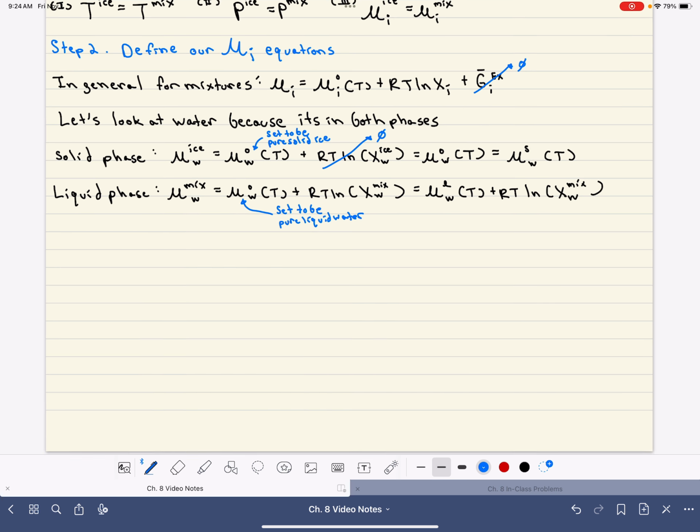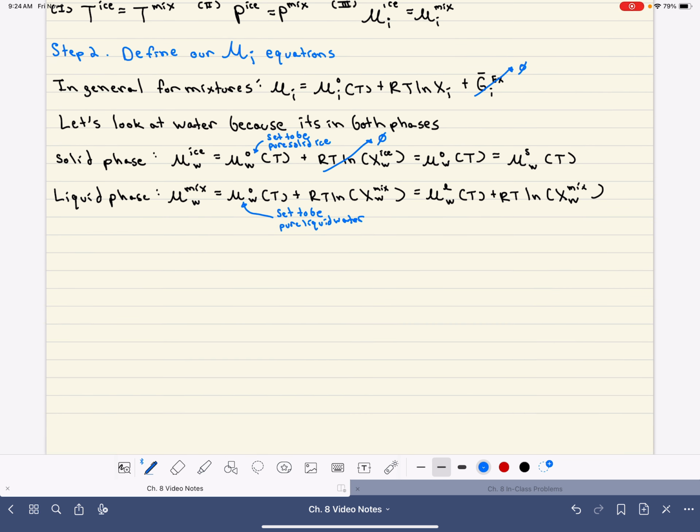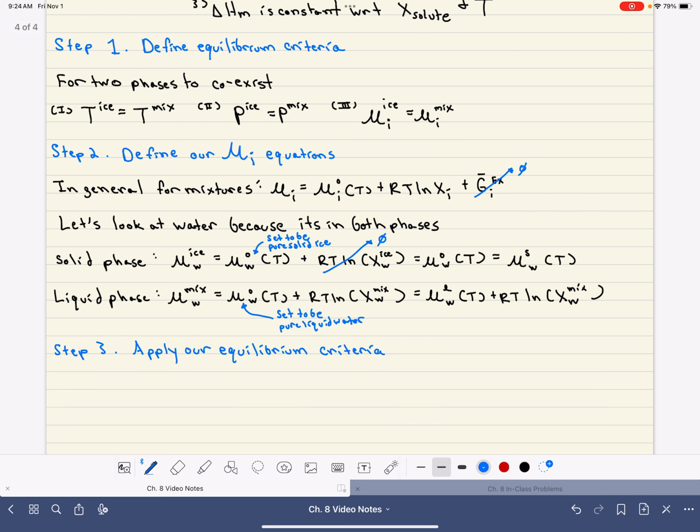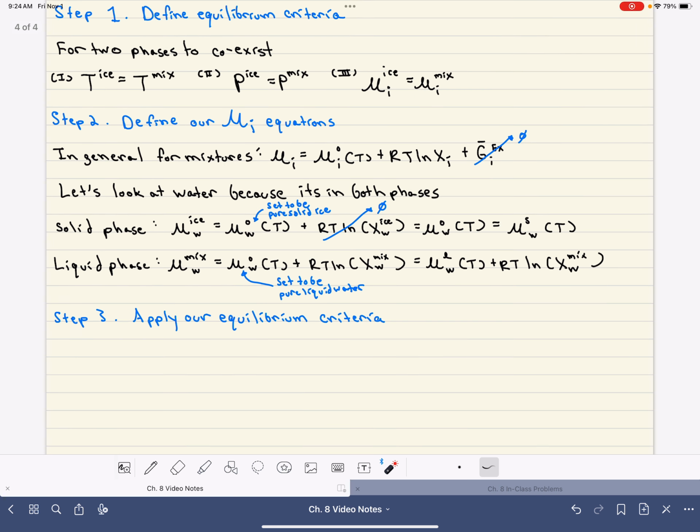The third step is now we need to apply our equilibrium criteria. All right? Specifically, we're going to apply the fact that the chemical potential in the ice phase is equal to the chemical potential in the liquid mixture phase. All right?